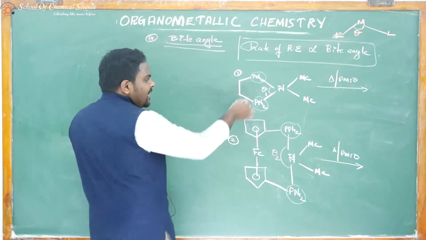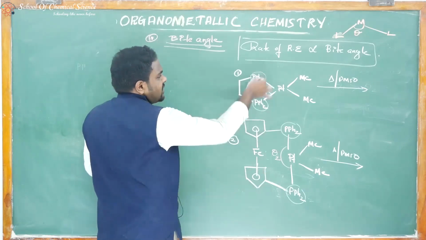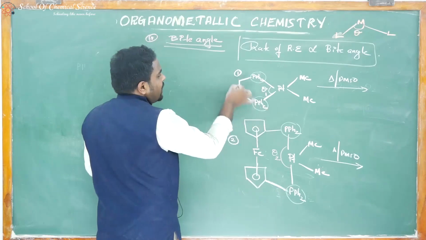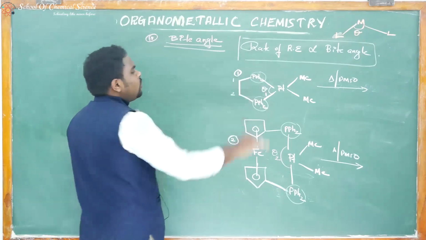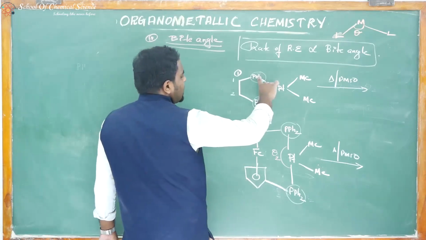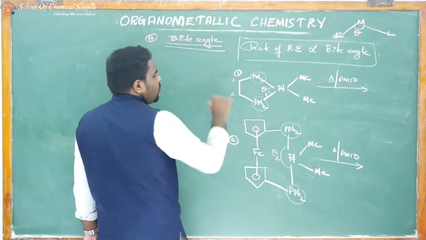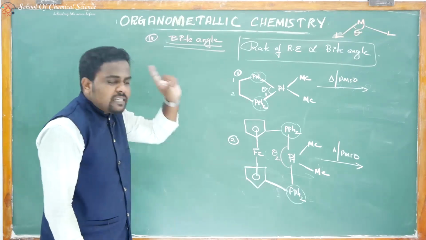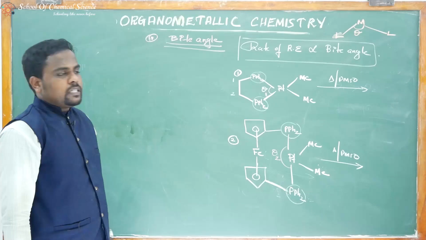Platinum is connected to PPh2. But here, how many atom separation is there? These two PPh2 are separated by 2 atoms. A 2 atom separation, a 2 carbon separation is there.